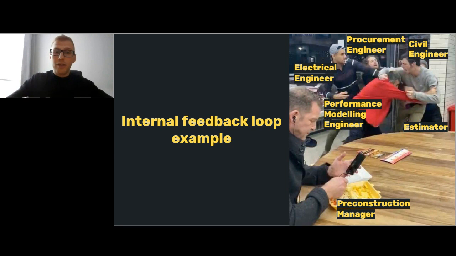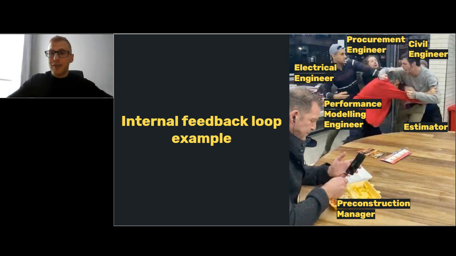For example, performance modeling engineers are responsible for the performance of the PV farm, energy modeling, losses, and all this stuff. Electrical engineers are responsible for the wiring, low voltage wiring, medium voltage wiring, and single line diagrams and all these things. Civil engineers are responsible for grading, hydrology grading, basins, and any other things on the layout. And procurement engineers are responsible for buying, you know, wiring and ordering specific equipment.